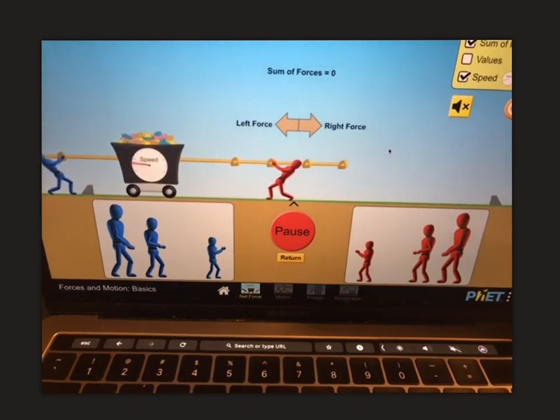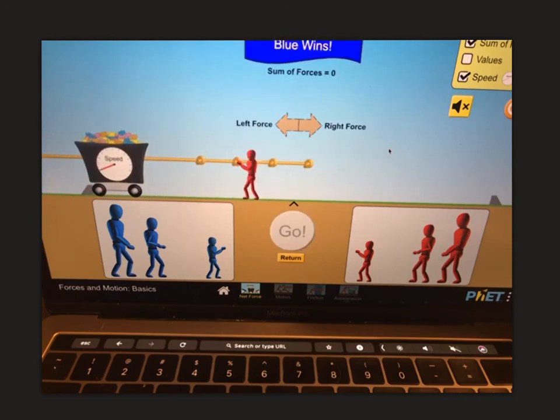And the reason for that is, remember that net force leads to an acceleration. And that acceleration causes a change in velocity. So when there is a net force that's causing an acceleration, that's causing a change in velocity. But when the net force is 0, there's no acceleration, so there's no change in velocity.